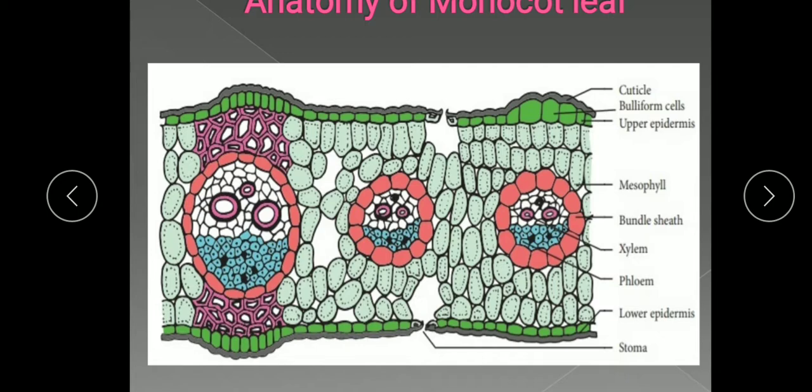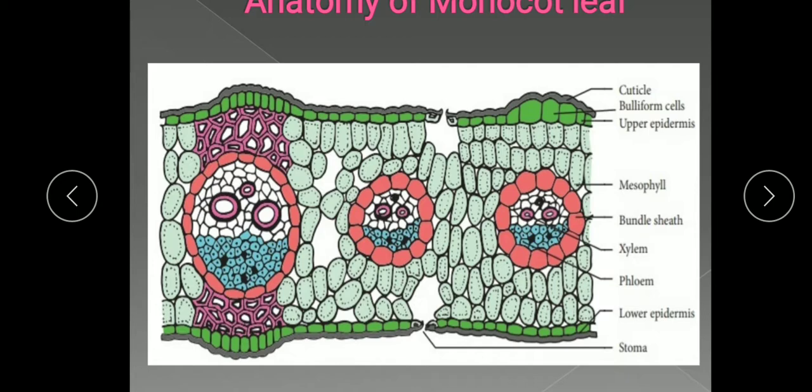Now one more structure in monocot leaf we will study, that in grasses. In grasses, some of the epidermal cells on the adaxial surface. What is adaxial surface? Just now I told you abaxial and adaxial two surfaces are there.